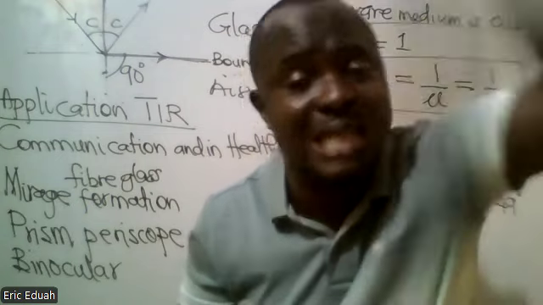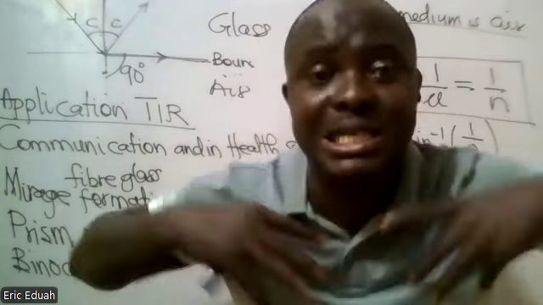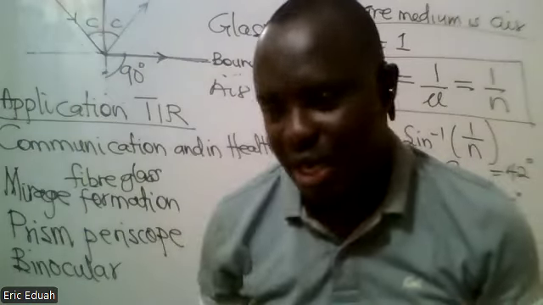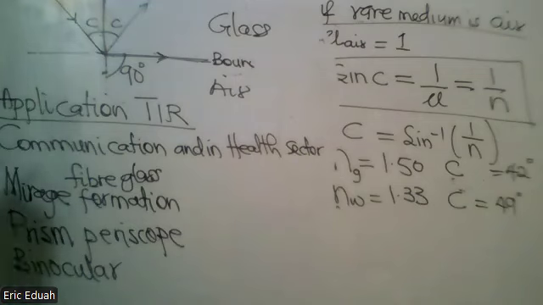Tele means distance, scope means view, so distance view. So these are some applications of total internal reflection. We have a lot of them, but I think I've given you four, and it is enough.